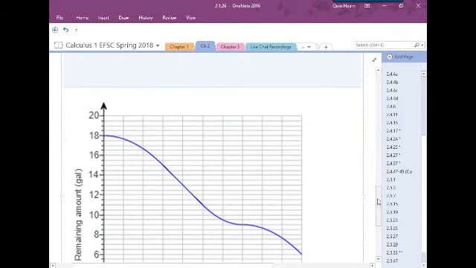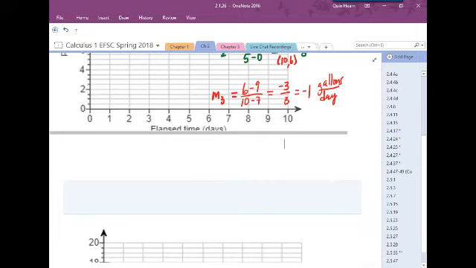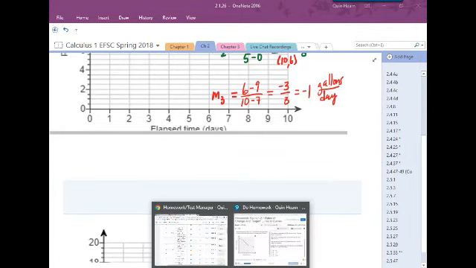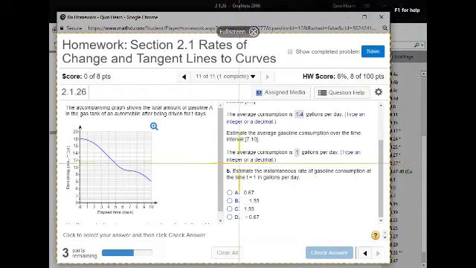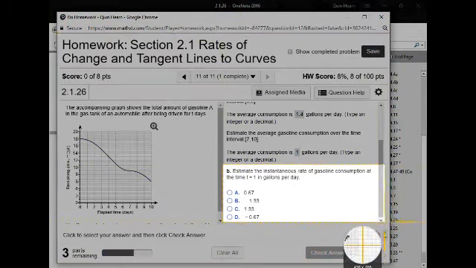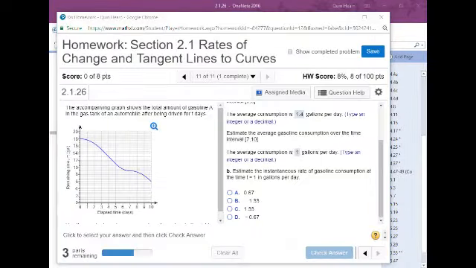I'm going to just get a new graph here. Copy this over.